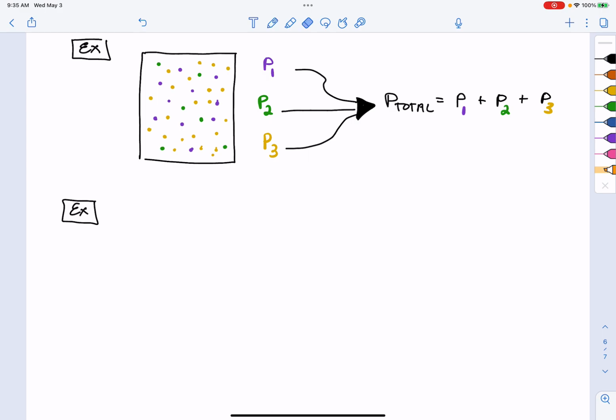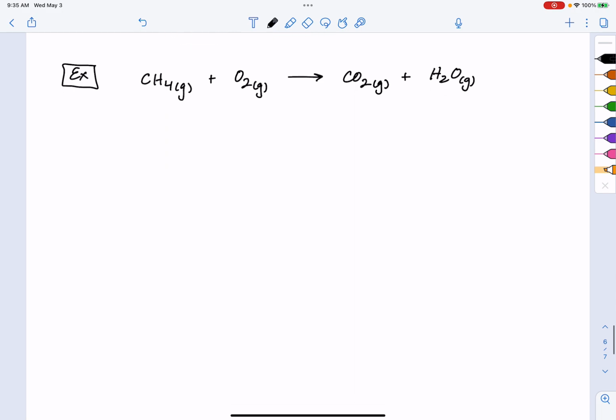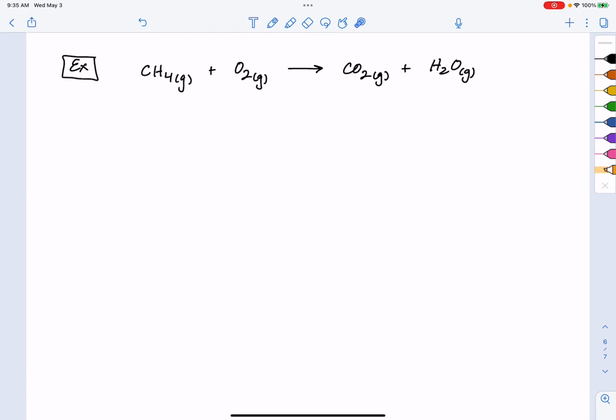So let's suppose that we're looking at the combustion of methane. Methane is CH4 plus oxygen, yielding CO2 gas and H2O gas. So let's figure out what is going on in this reaction. Let's say that we've got excess oxygen. As this reaction happens, we know that our methane is going to be completely consumed.